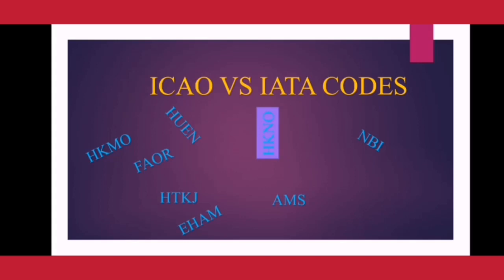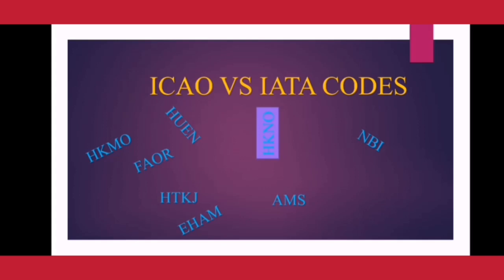And what are ICAO codes? ICAO codes are four-lettered codes which are supposed to depict airports and airstrips, which gives us a unique way of identifying a specific airstrip or airport.